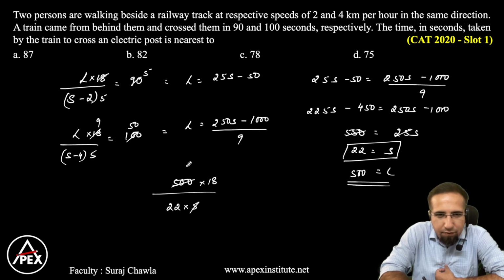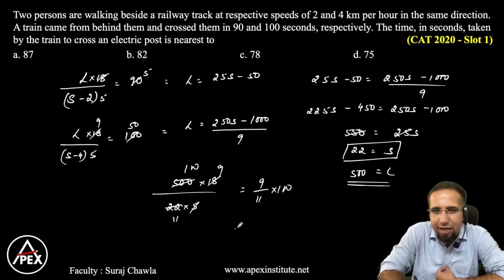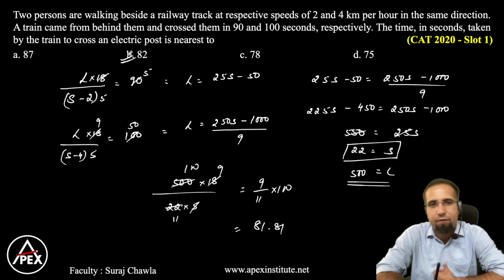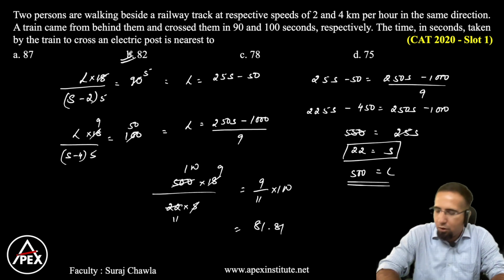This is 5 ones are 5, 5 hundreds are 500. This is 2 nines are 18, 2 11s are 22. So this can be written as 9 by 11. Now we know that 9 by 11 is a multiple of 9. 9 nines are 81. That is 81.81. So 81.81 is approximately 82 seconds, and therefore 82 seconds becomes our required answer.